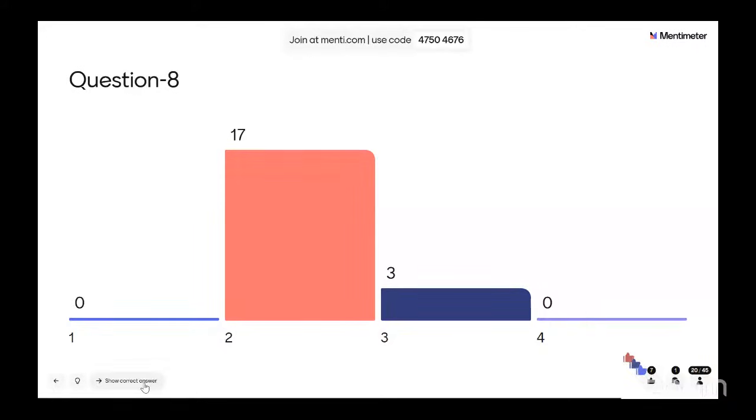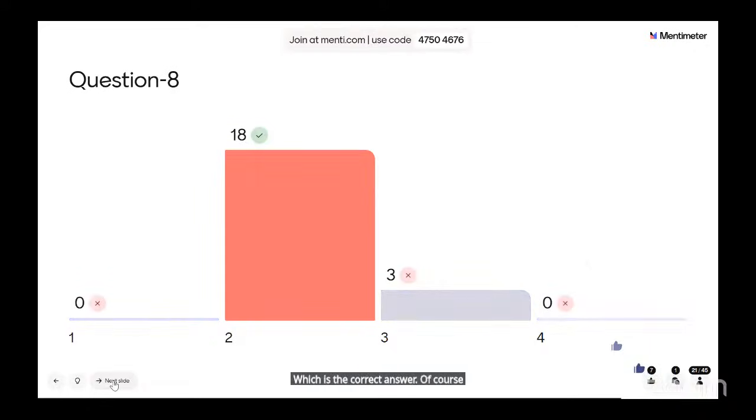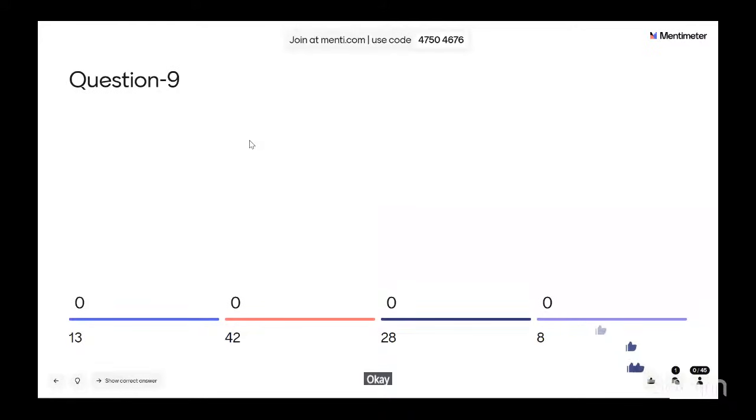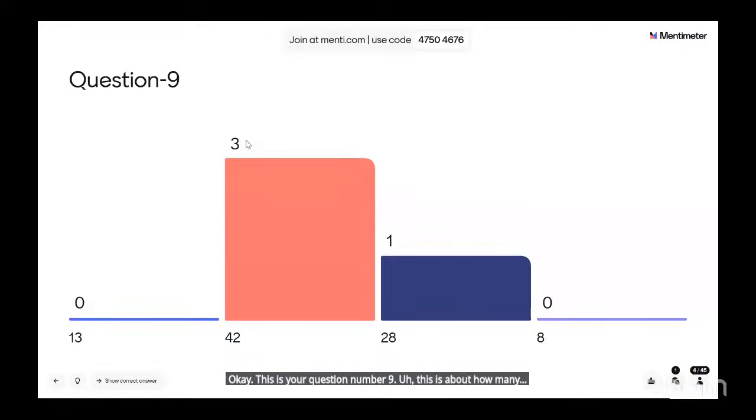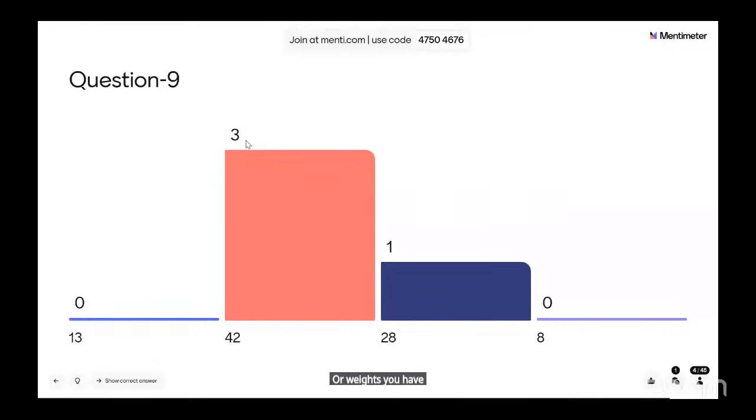So people say that there are two hidden layers, which is the correct answer, of course. Okay, this is your question number 9. This is about how many edges or weights you have in between the input layer and the hidden layer 1?